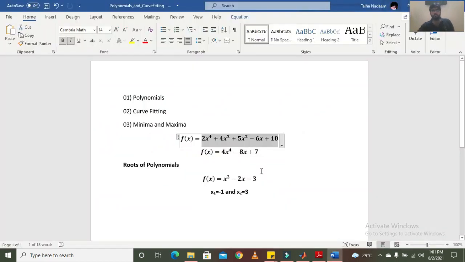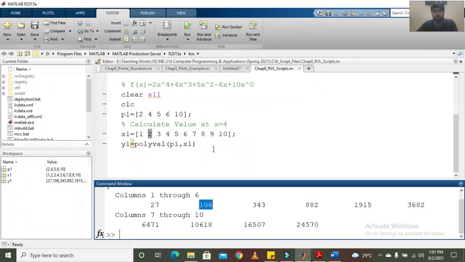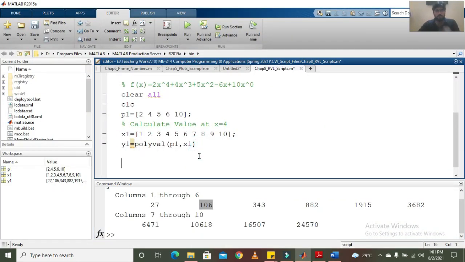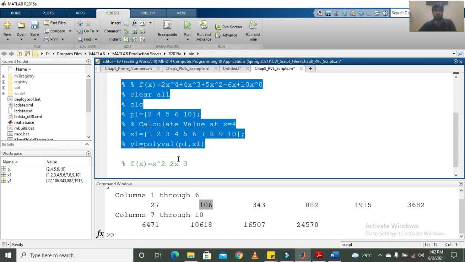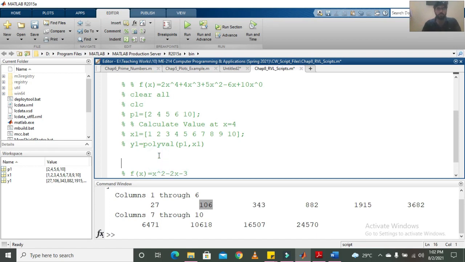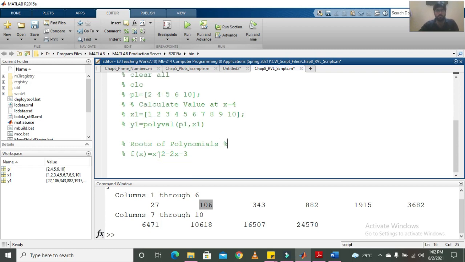So here, let's say I define my variable as p1, and it will be 1, -2 and -3.